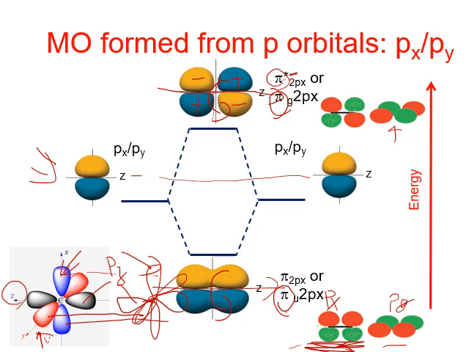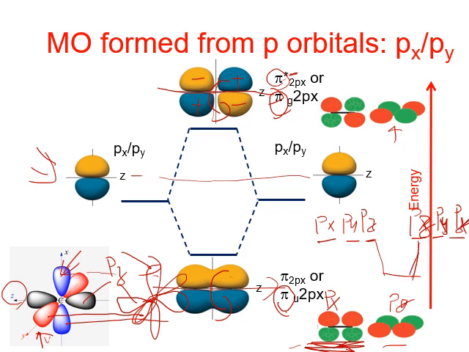So if you have three p orbitals, px, py, pz, and the other atom also has px, py, pz, when these two atoms approach each other, the two pz orbitals combine.